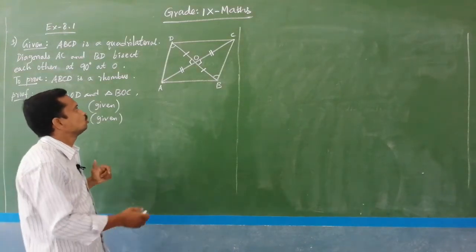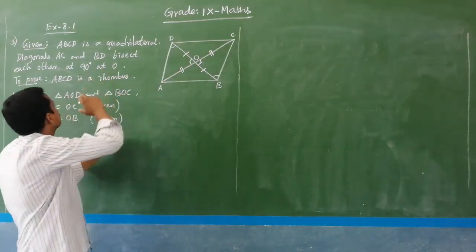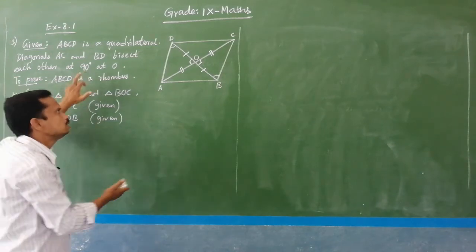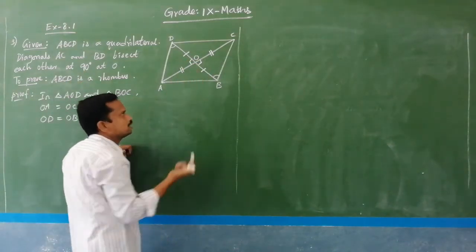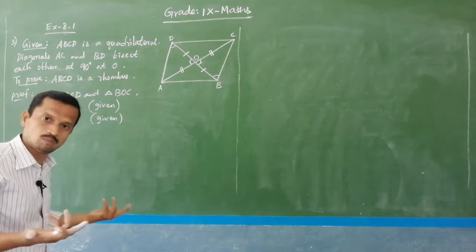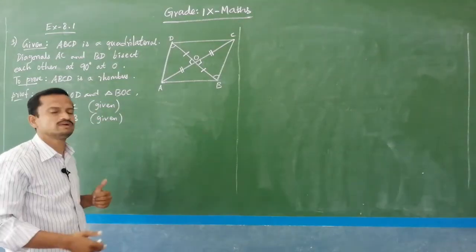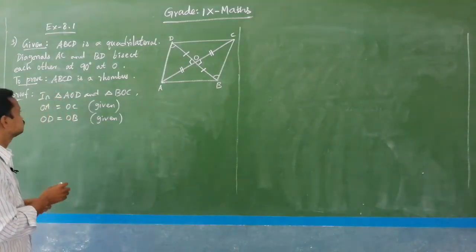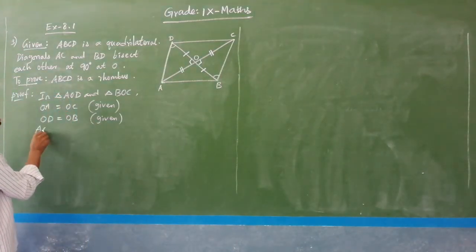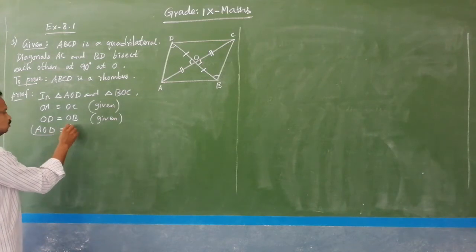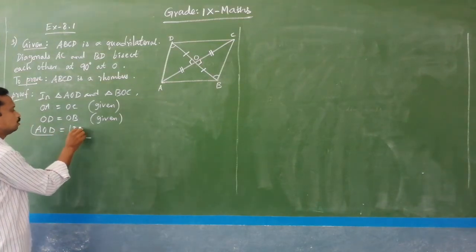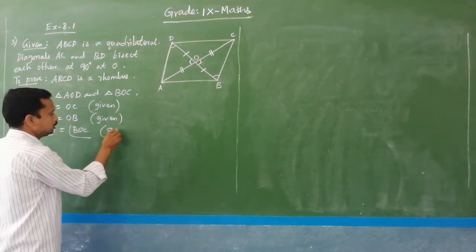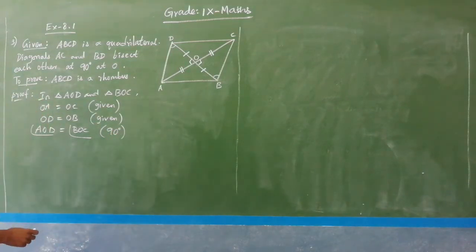And now, one more thing. Since they bisect at right angle, that means 90 degree, then these two angles are 90 degree, or in another way vertically opposite angles also you can take. But here it is given that they are perpendicular. So, we can take easily that angle AOD is equal to angle BOC because 90 degree. Okay.